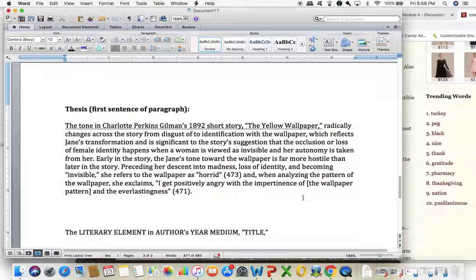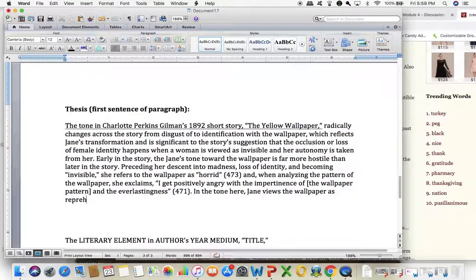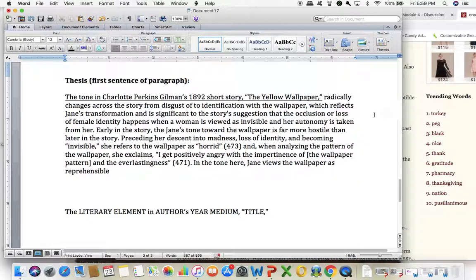And then I might say something like, Jane views the wallpaper as, I don't know, reprehensible. I'm writing off the cuff now, so it's not going to be great writing.